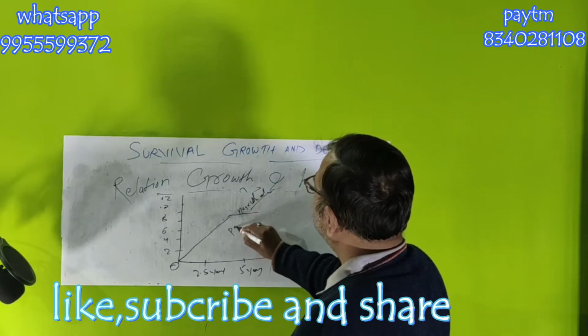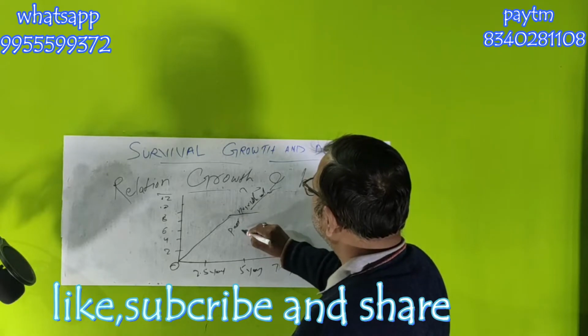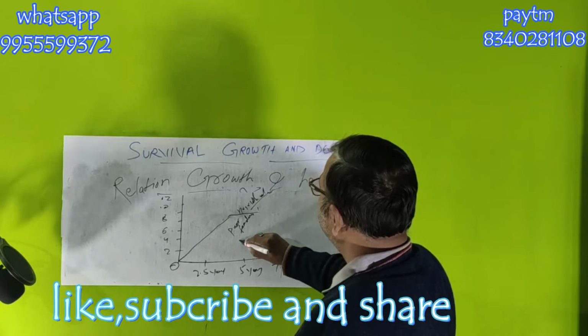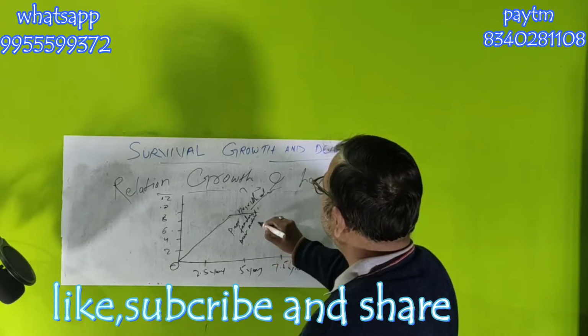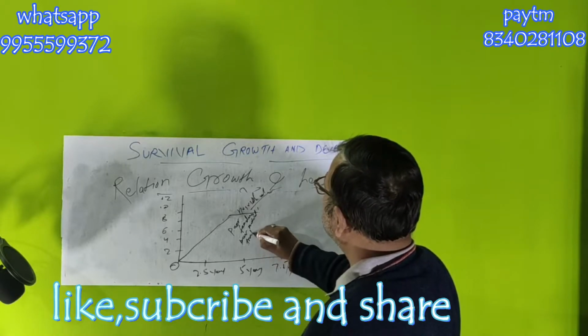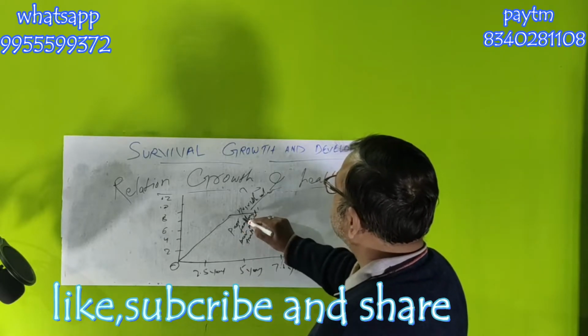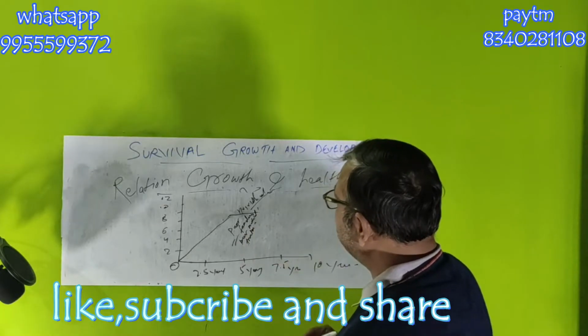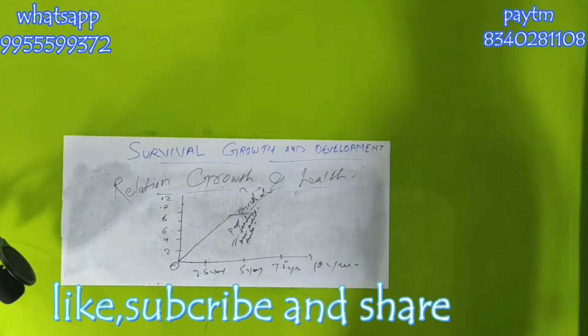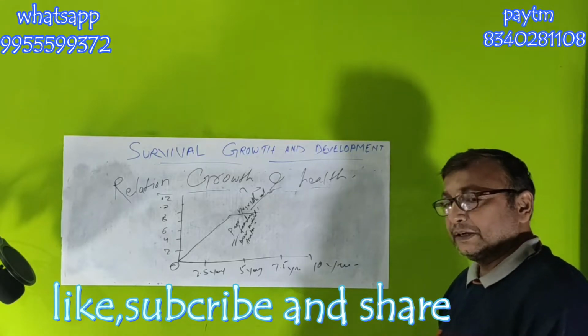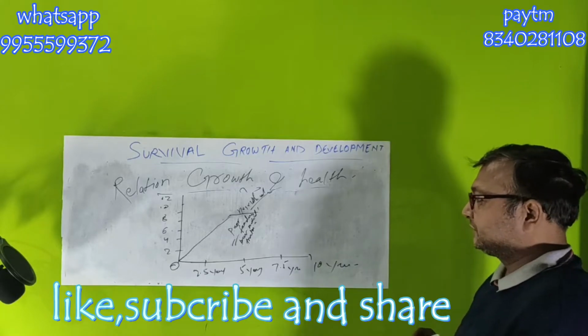Poor food, poor medical treatment. This generally happens in slum areas, for poor people who can't give proper nourishment to the child.